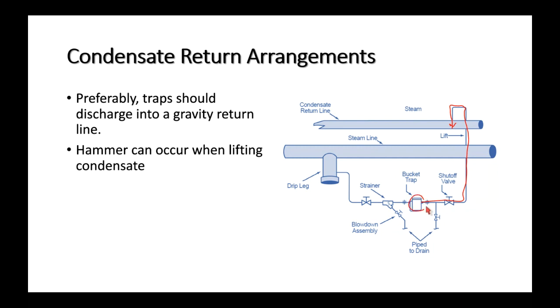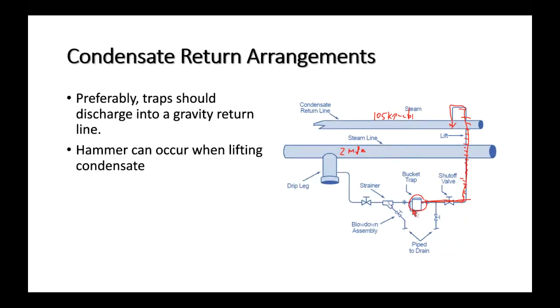What happens is when this trap discharges, you're going to get condensate in this line, and it doesn't actually drain. So we end up with this vertical leg of condensate. Now you've got, say, 2 megapascals in the steam line, or 4 megapascals, whatever the pressure is, and the condensate return line is going to be 105 kPa absolute.